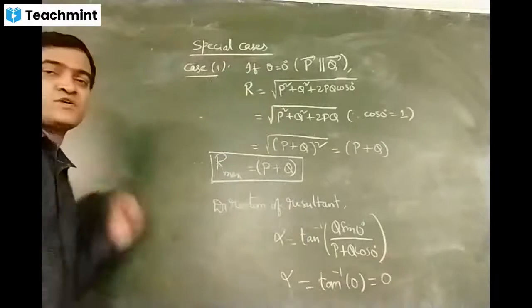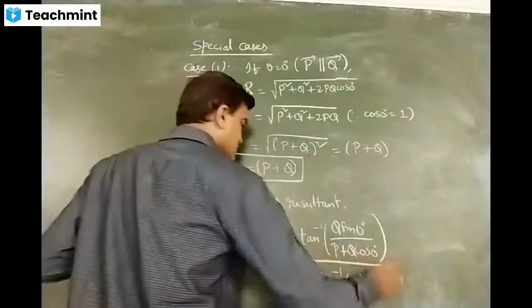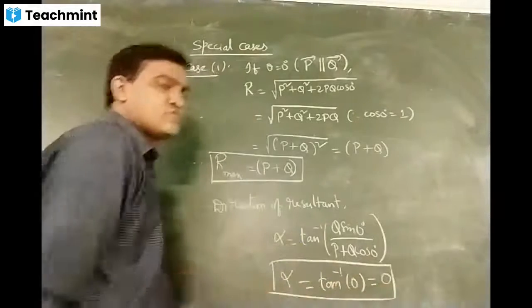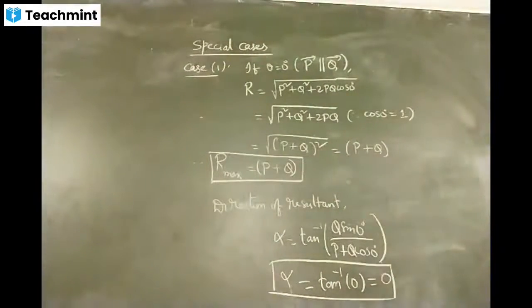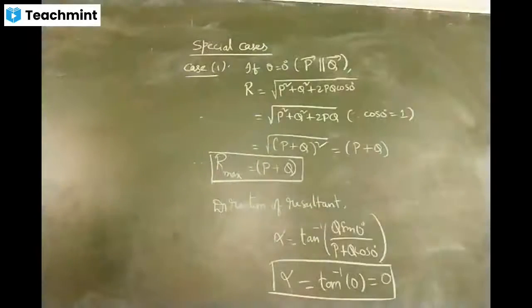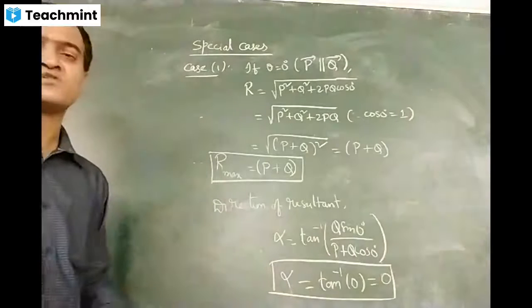That means alpha is equal to 0. The direction of resultant is 0 when theta is equal to 0 degrees. This is case 1. In case 1, we have discussed both the magnitude of resultant and also the direction of resultant.